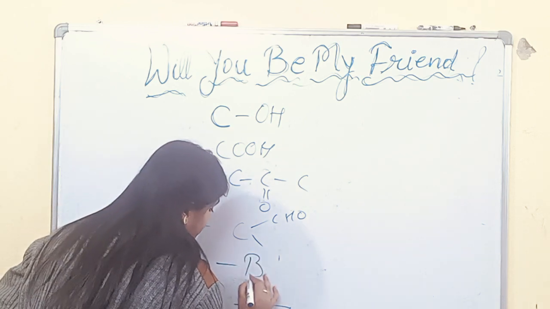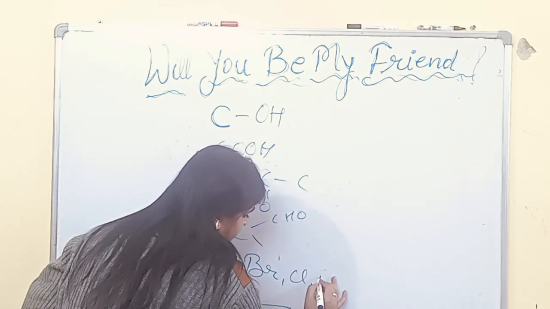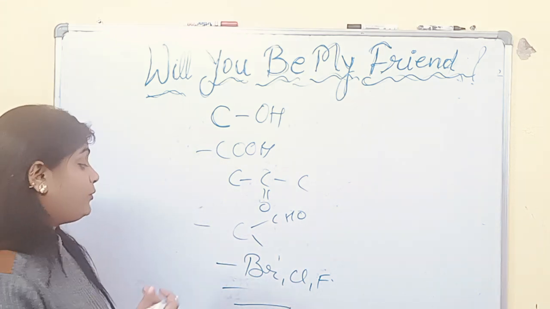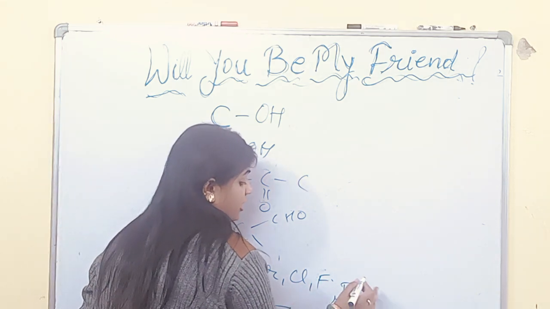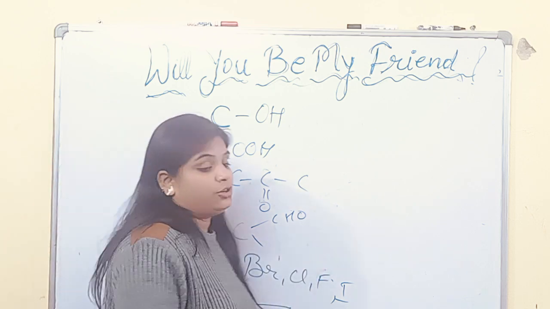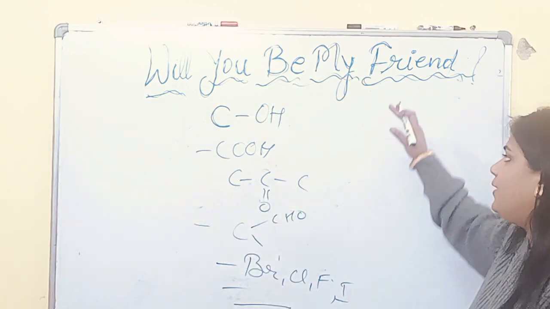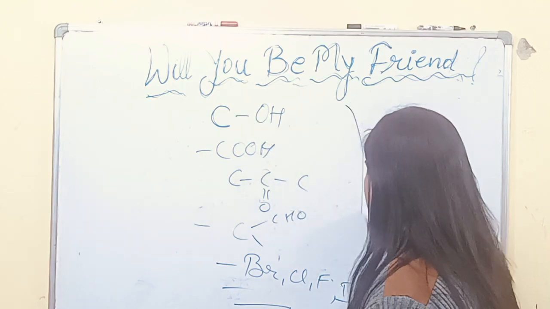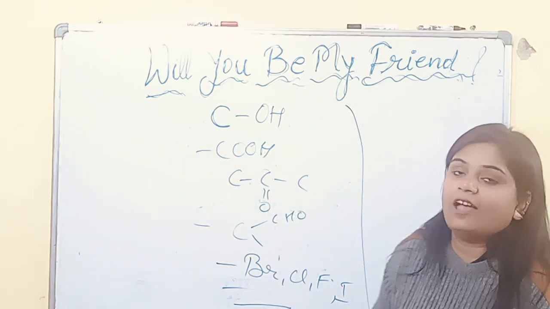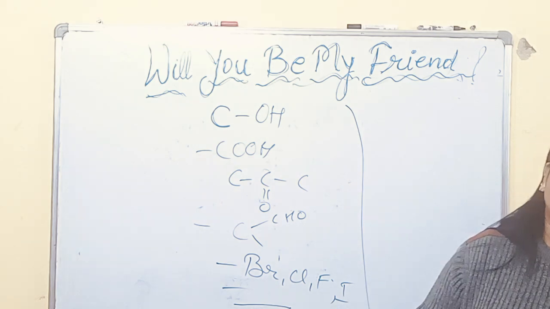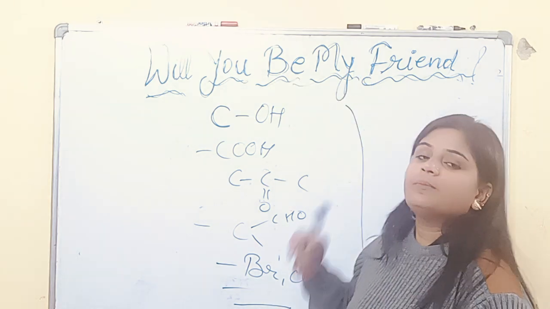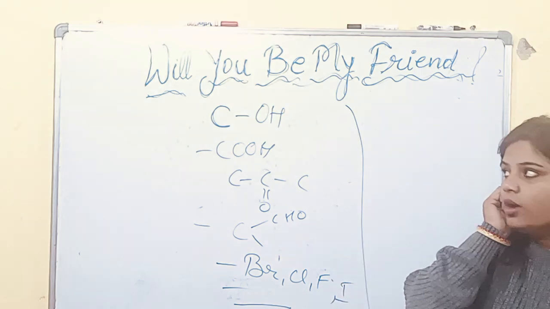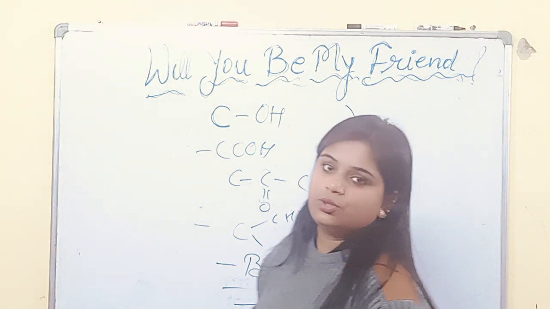And one more: bromine, chlorine, fluorine, iodine, all the halogen group. So these are the functional groups which carbon attaches to, and that's why I have written the topic, will you be my friend. Carbon makes a bond with the other functional groups also.